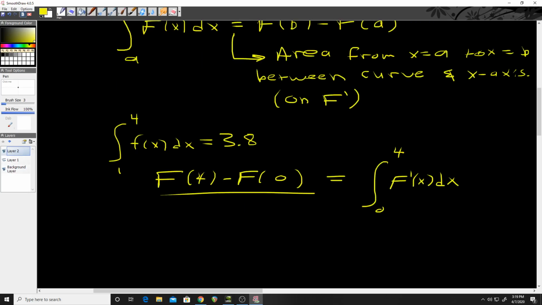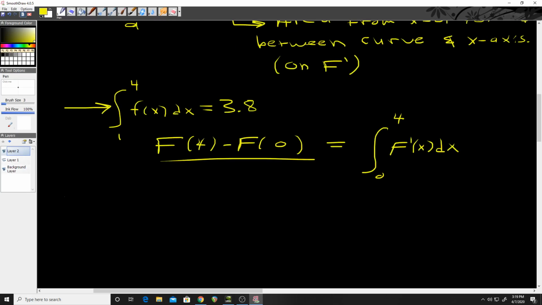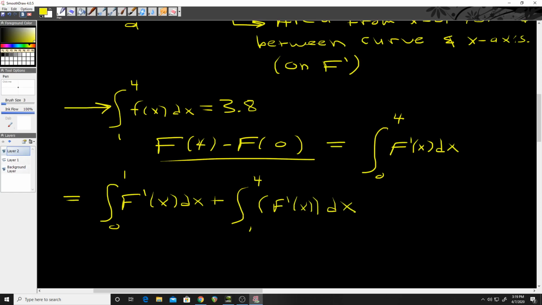Let's think about what we know. We already know the integral from 1 to 4, so we already know this one. What I can do is break up the integral from 0 to 4 in this way: integral 0 to 1 plus the integral from 1 to 4. We know this last chunk is exactly 3.8.